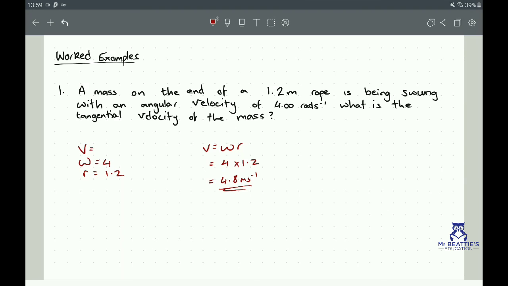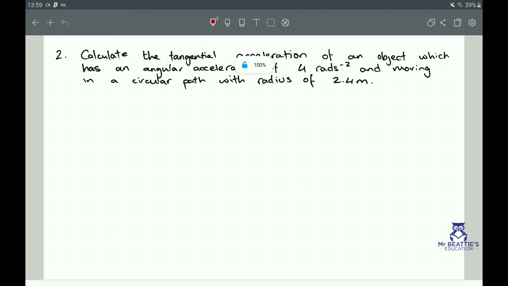And another worked example here. Calculate the tangential acceleration of an object which has an angular acceleration of 4 rads per second squared, moving in a circular path with a radius of 2.4 meters. So we've got an angular acceleration of 4 and a radius of 2.4.